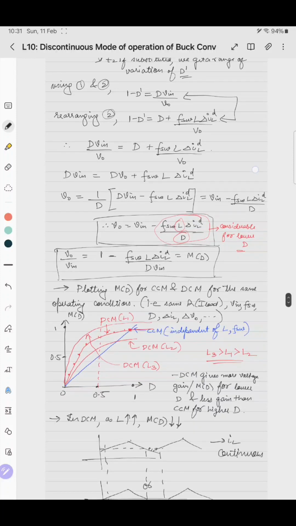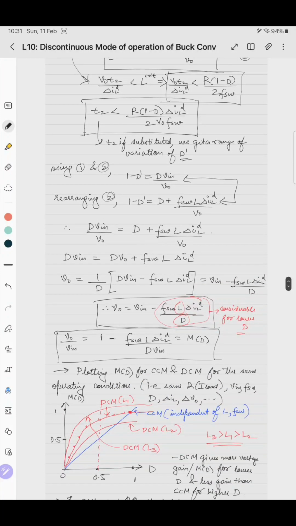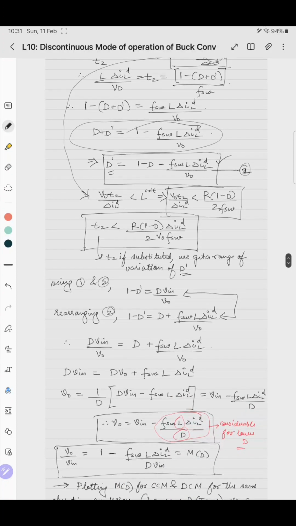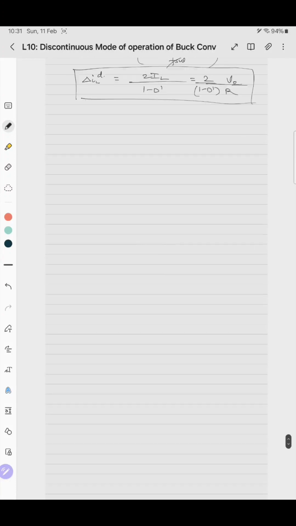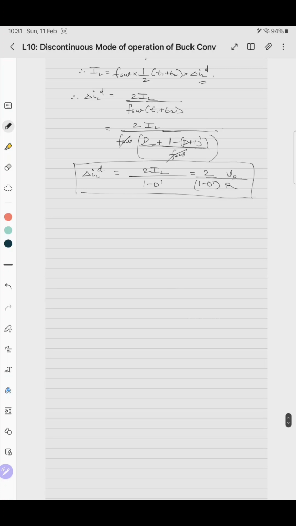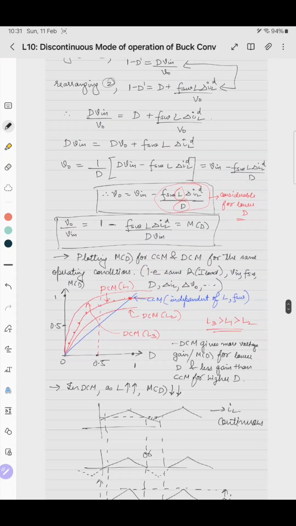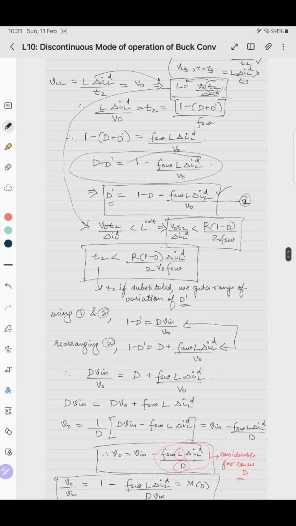Now we have again derived D dash in terms of D and this, so we can substitute it in this expression.